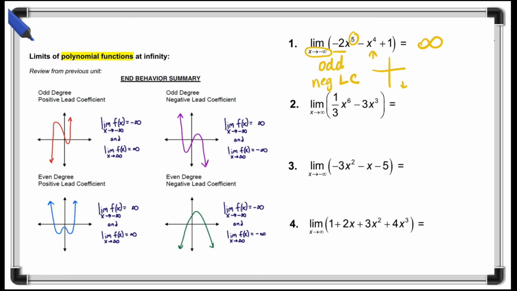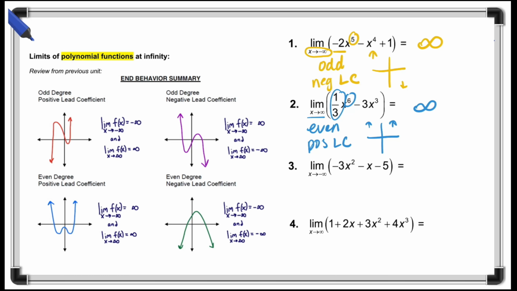In question number 2, you have an even degree with a positive lead coefficient. So that would be pointing in the same direction, both pointing up. As I'm looking as x approaches positive infinity on the right-hand side of my graph, my function is approaching the value of positive infinity.